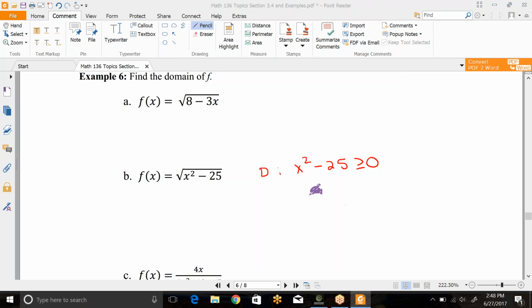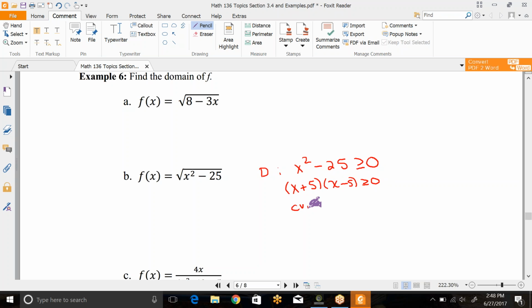The problem with this is that there is a polynomial now that has an x squared in it. So anytime you have a polynomial underneath a radical that is x squared or higher, you're going to have to deal with the chart method to see when is it really greater than or equal to 0. So we factor this into x plus 5 and x minus 5.